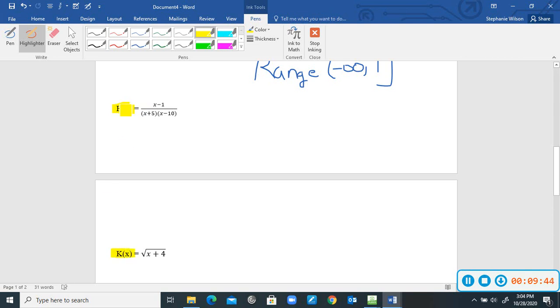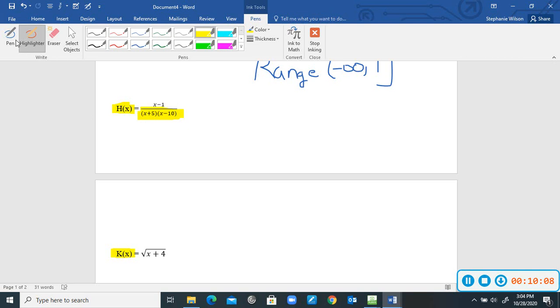Well, looking at h of x, I noticed that it's a fraction. And my domain is going to tell me that whatever causes the denominator to be 0, which is an undefined function, then I'm going to have some restriction. So that's the part I need to focus on when I'm looking for the domain. And again, we don't need the range if we're not graphing this.